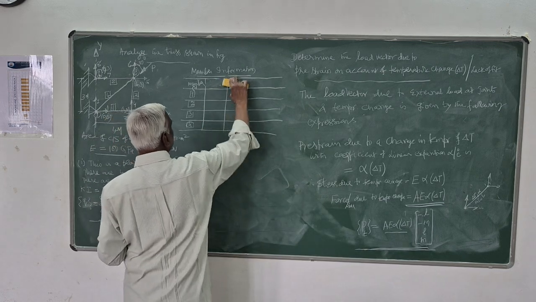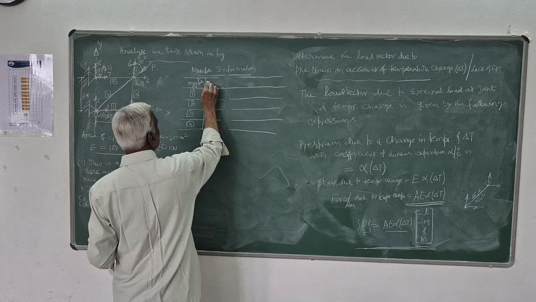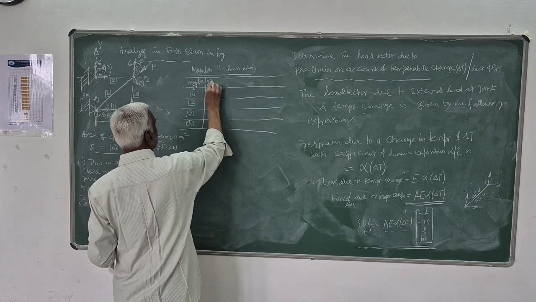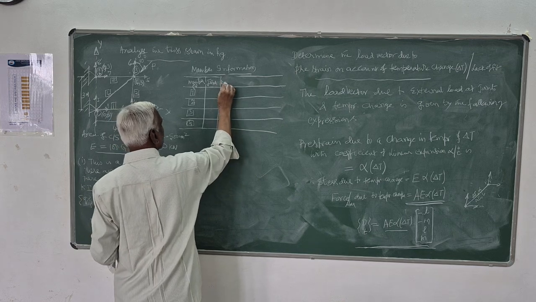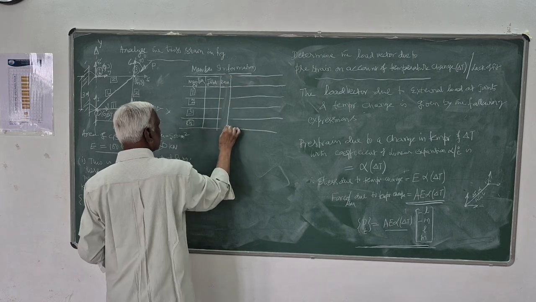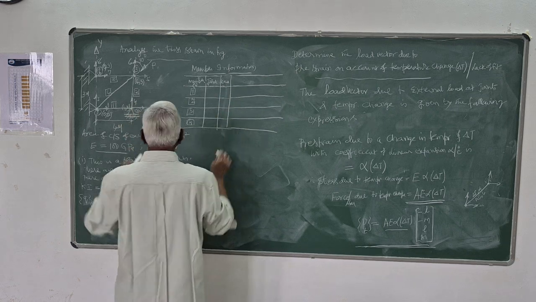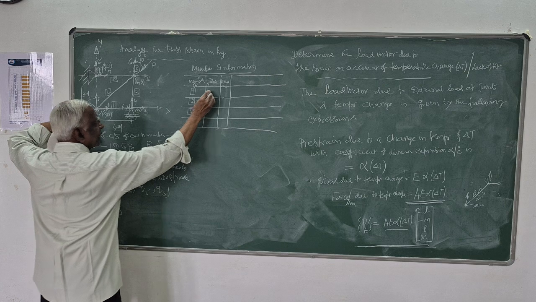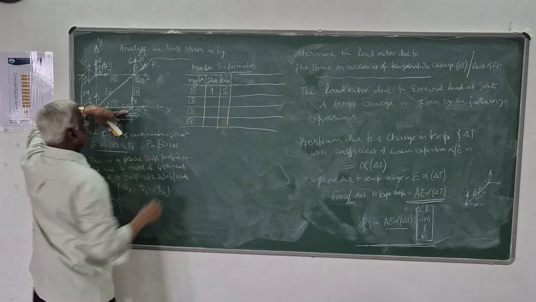So in the member information you can write Jn, Kn, left hand and right hand. Jn for member 1 you can take as 1, Kn as 2.